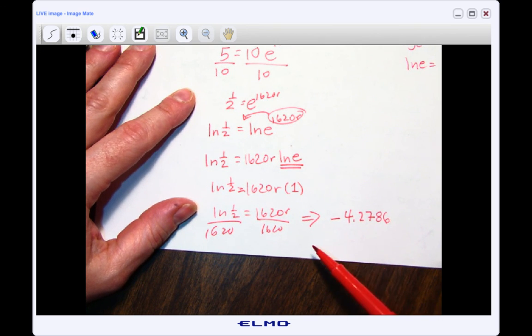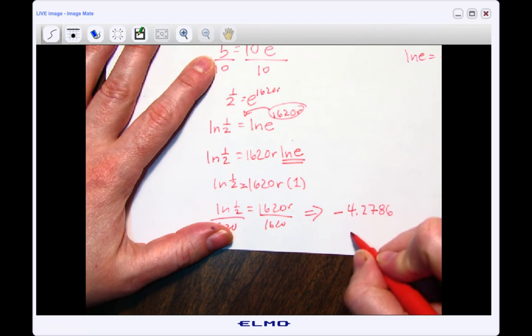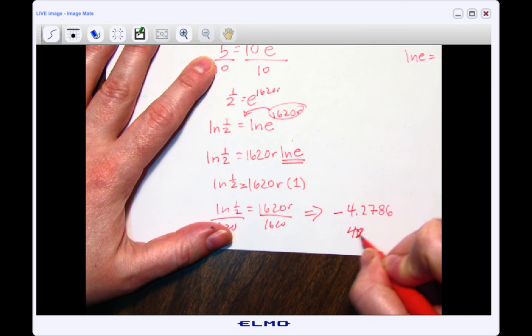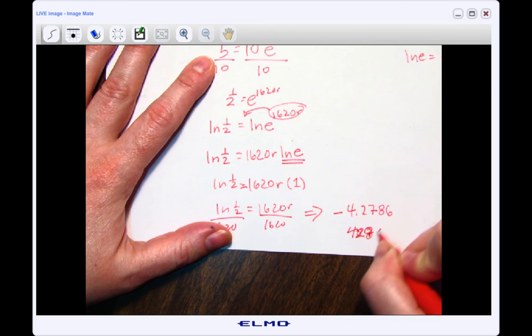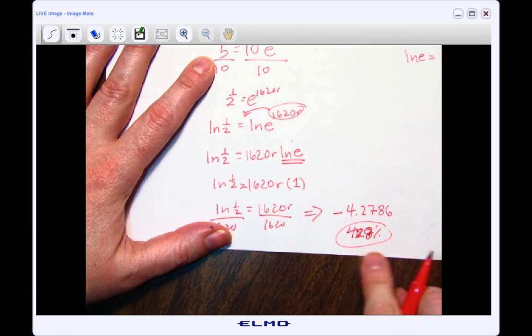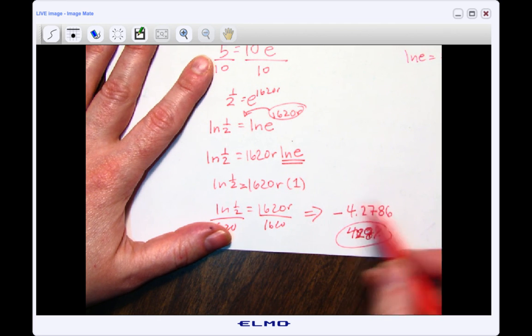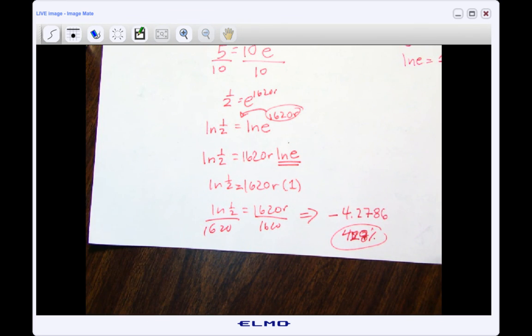So this is the decimal form of our rate. So it actually means like 427, well, I guess like 428%. But this is the number we're going to use in our equation, okay? Because we use the decimal form of that number in our equation.